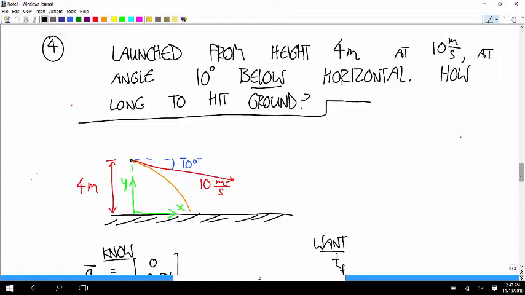The coordinate system, if you put the tail of this initial velocity vector at the origin, it's going to look something like this, you know? And so what's the angle to go from the positive x-axis, which in this case would be that dotted blue line, to that initial velocity vector? 350 or negative 10, either one of those.